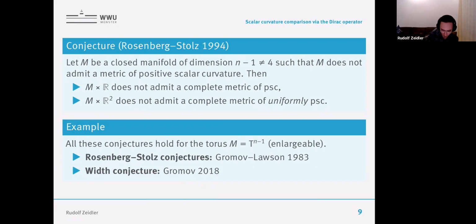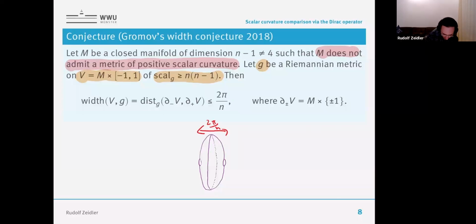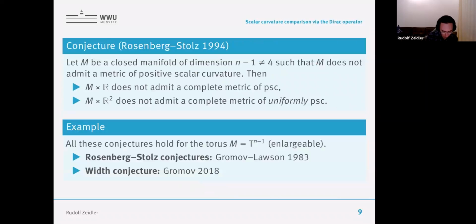But I kind of suspect that these conjectures, and also this question here, were probably around at the time of Gromov-Lawson's articles in the 1980s, I suppose.